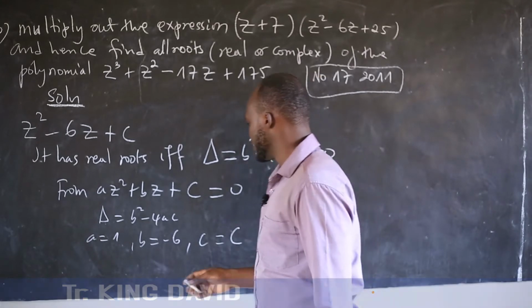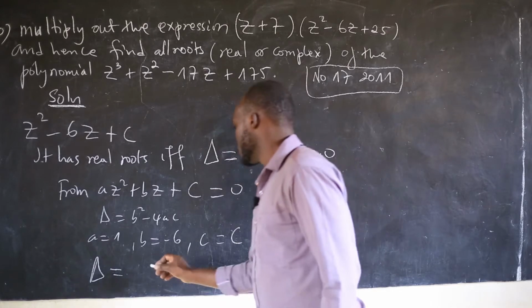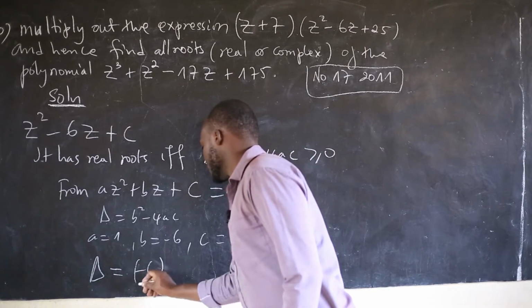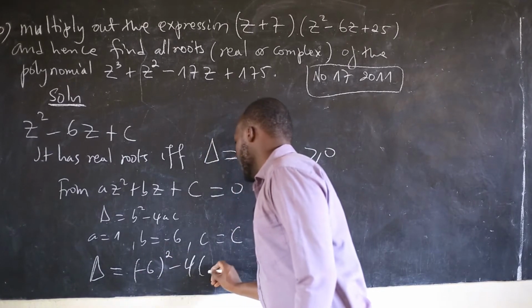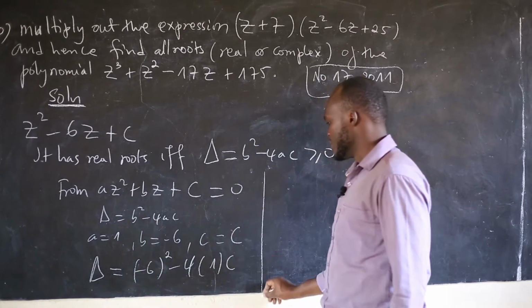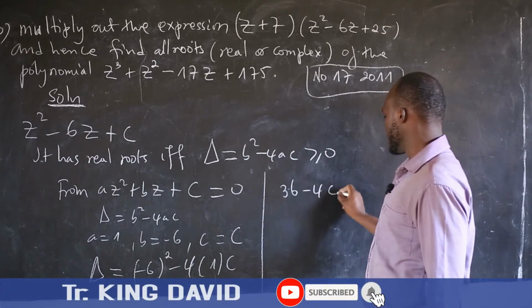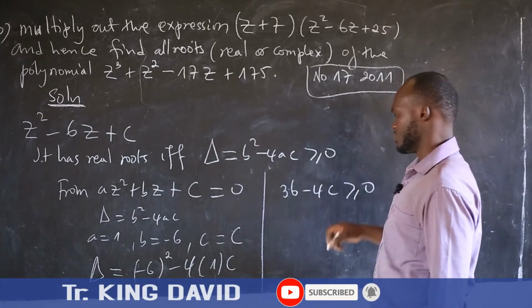So then, what is delta? Our discriminant there is b squared, which is negative 6 squared, minus 4a, which is 1, times c, which is c. Meaning that it will be 36 minus 4c, which is greater than or equal to 0.